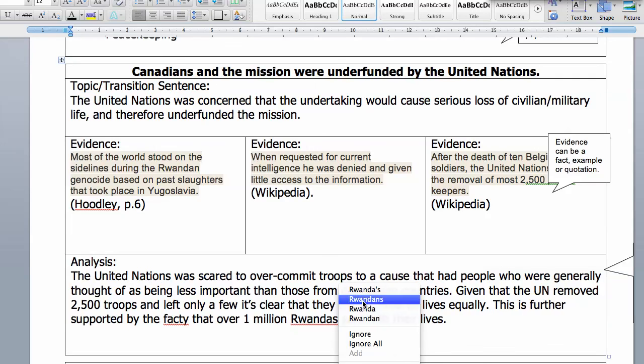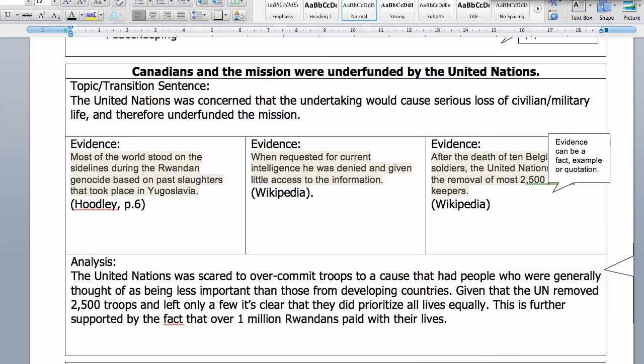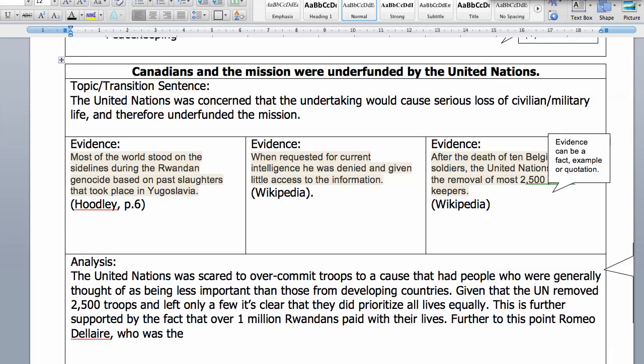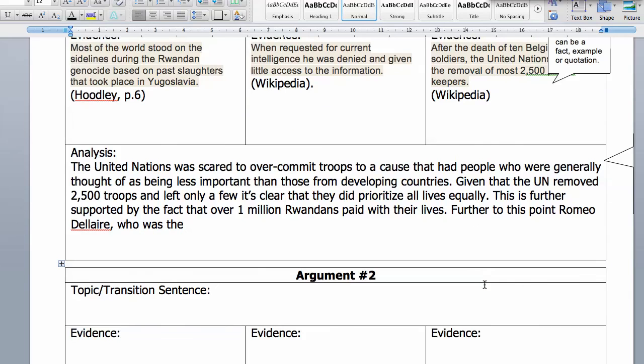So I've touched on this one, I've touched on this one. All right. Further to this point, Romeo Dallaire, who was the general in charge from Canada, was denied access to mission information, which is kind of a sham that the guy who's in charge of the mission isn't allowed to have information.